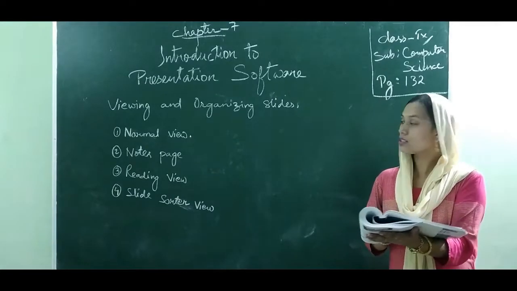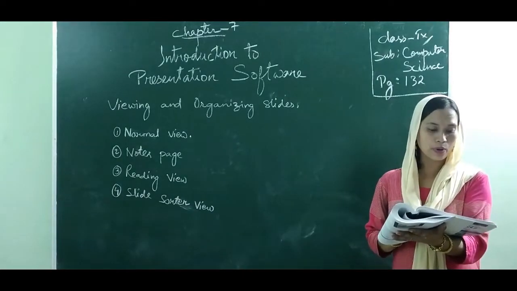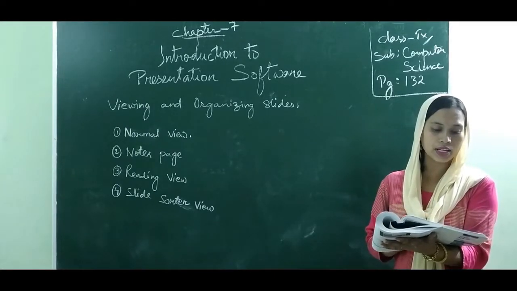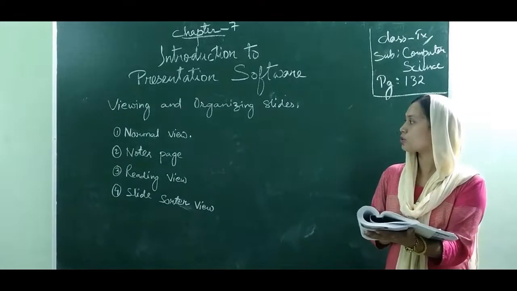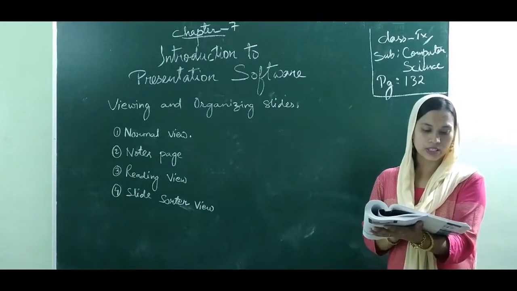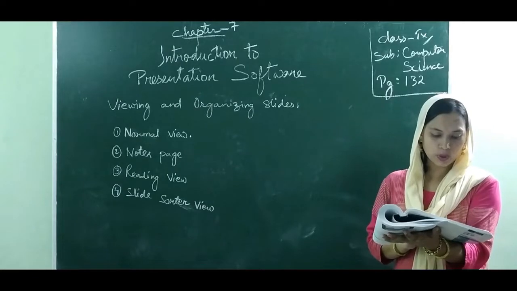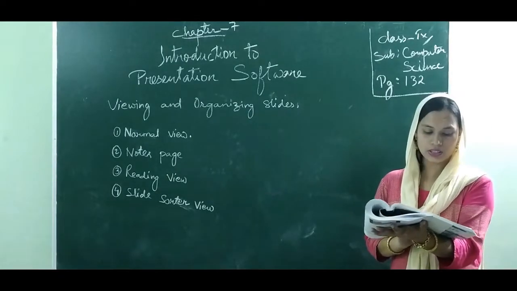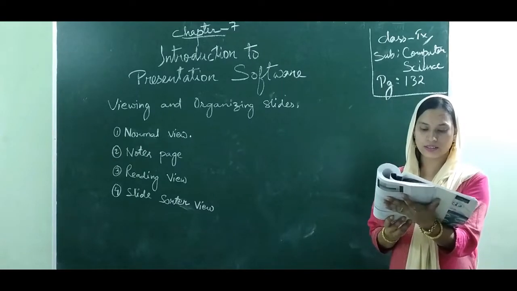140. What is a normal view? A normal view is the main editing view that you use to create and design the presentations. So this normal view is a view which we usually use in the presentations. Slide sorter view is used to see all the slides in the presentation in miniature form on the screen.